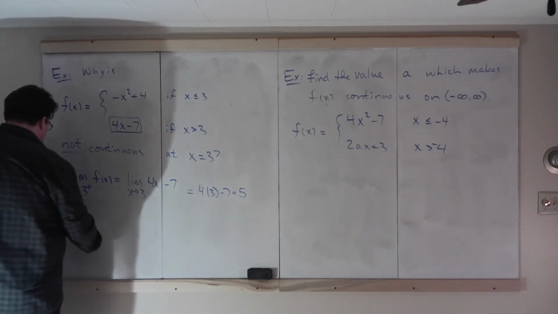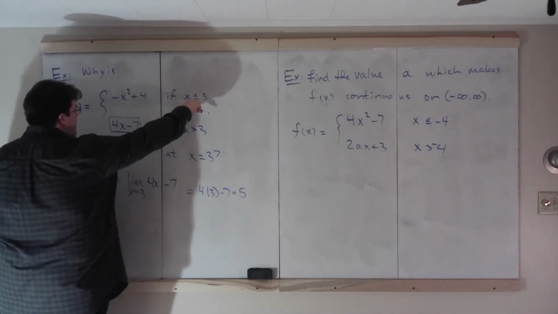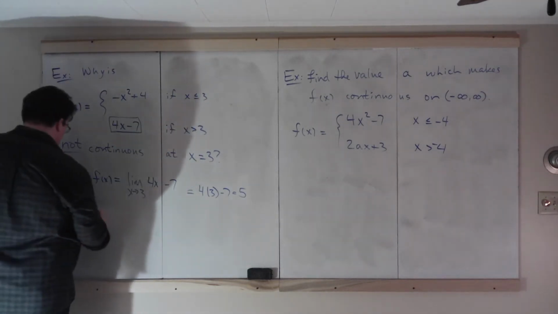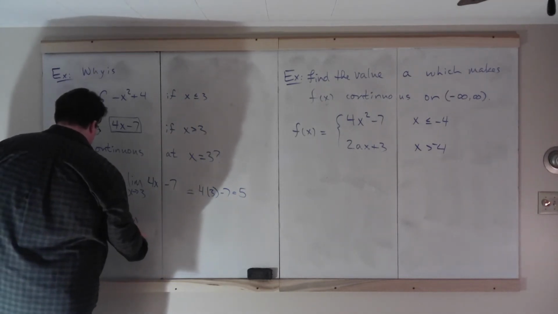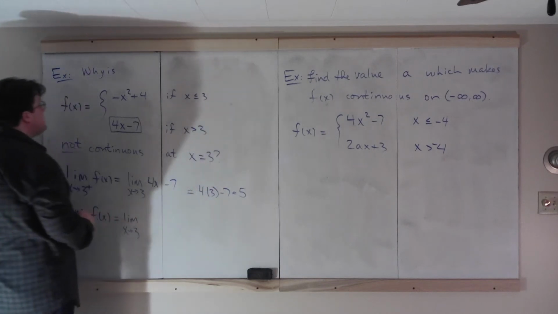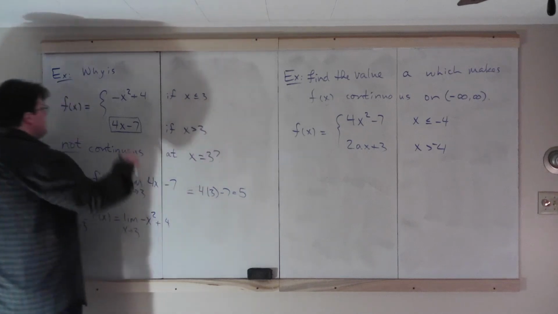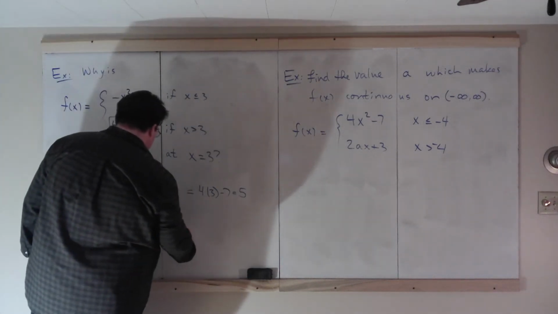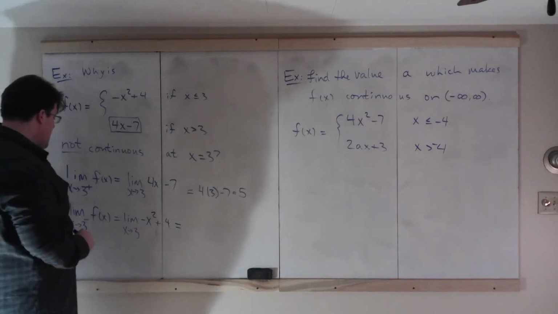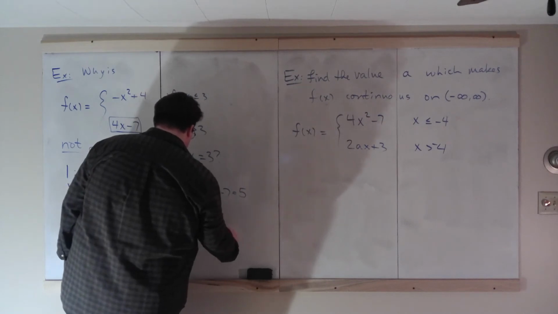How about the limit on the left? Notice here the limit on the left is going to equal f at 3. So the limit on the left is what? What's the function? Negative x squared plus 4. So the function is defined as negative x squared plus 4 on the left of 3. And what happens here when we substitute 3? We get negative 9 plus 4, which equals negative 5.